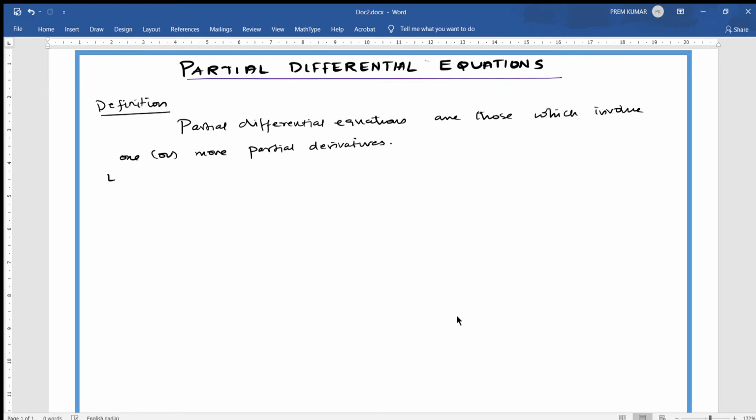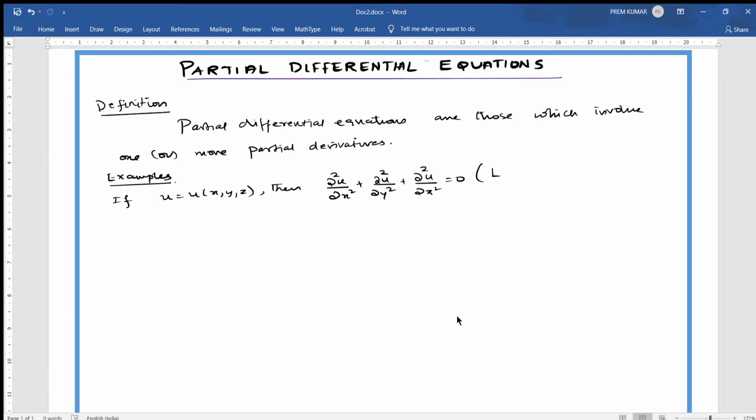For example, a simple example we are going to see now. Suppose a function u depends on three independent variables x, y, z, then ∂²u/∂x² + ∂²u/∂y² + ∂²u/∂z² = 0.